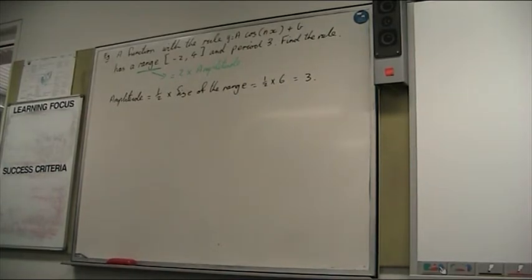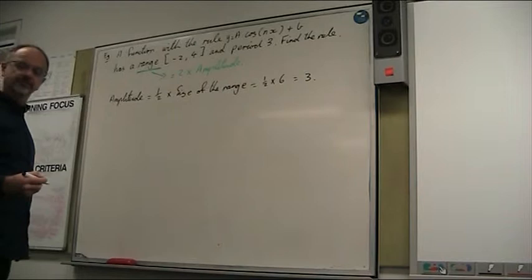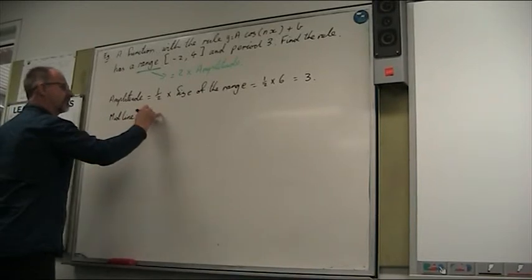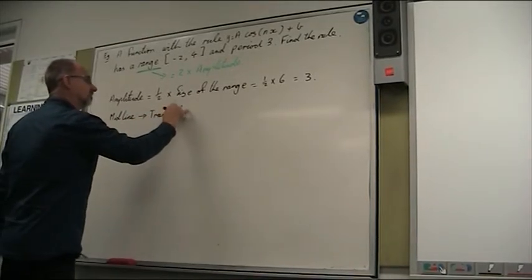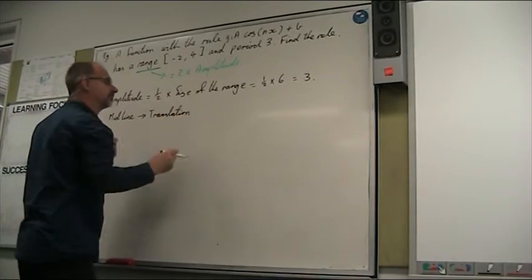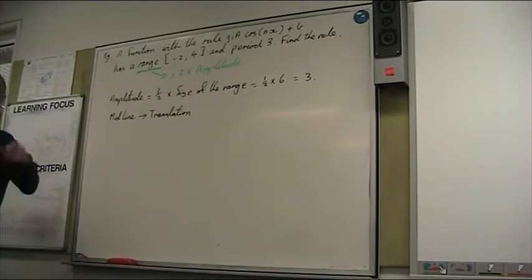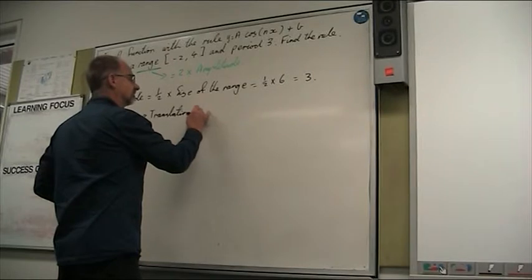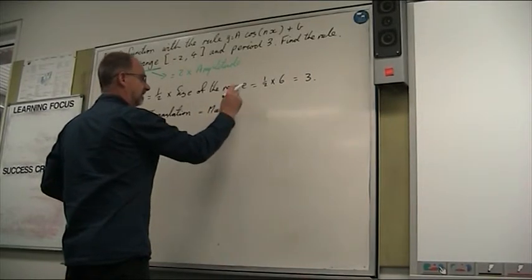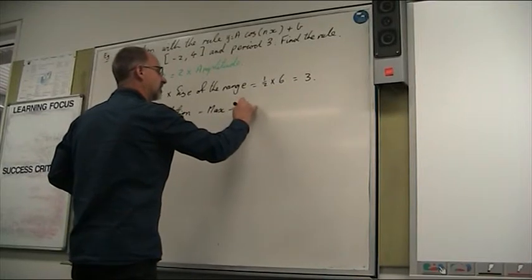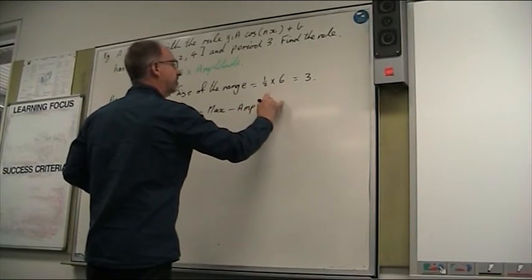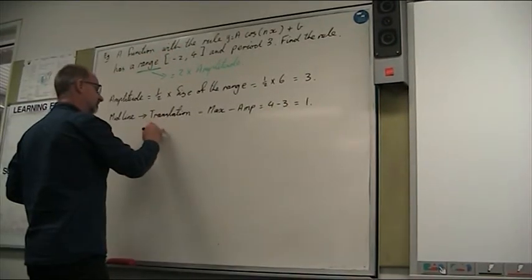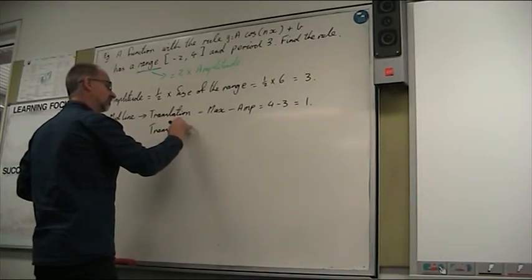Now, the other thing is about our midline, which is our translation. It would be max minus the amplitude, which is 4 minus 3, which equals 1. So that means we have a translation up 1.